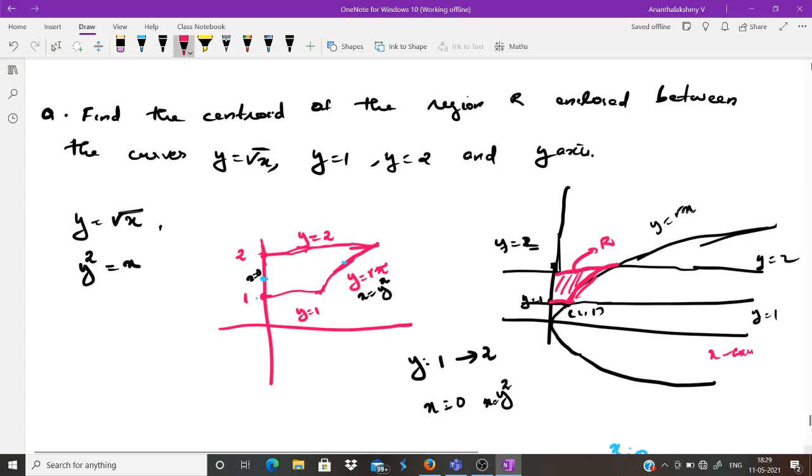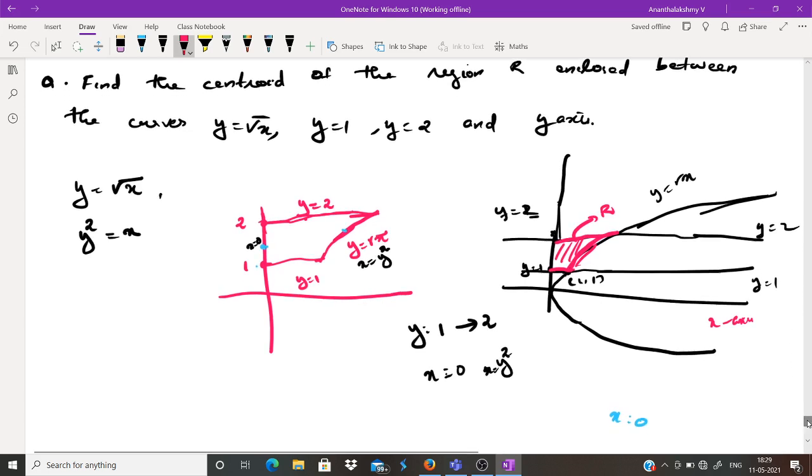So how to find the limit of integration? If you consider a vertical strip, you have to divide this portion into 2 because this strip touches the curves y equal to 1 and y equal to 2. If you consider a vertical strip here, then it will touch y equal to 2 and y equal to root x.